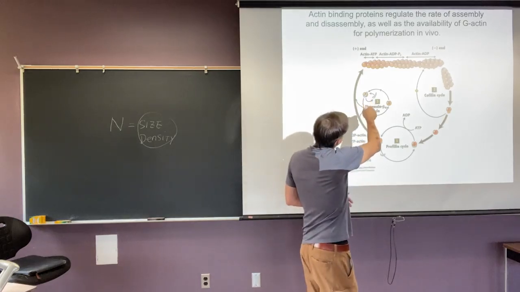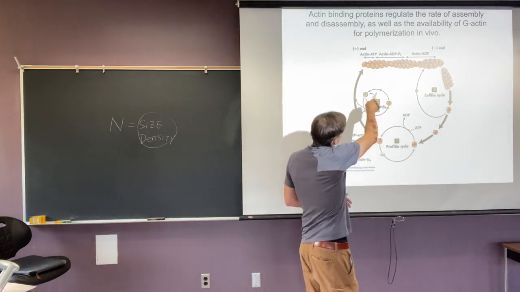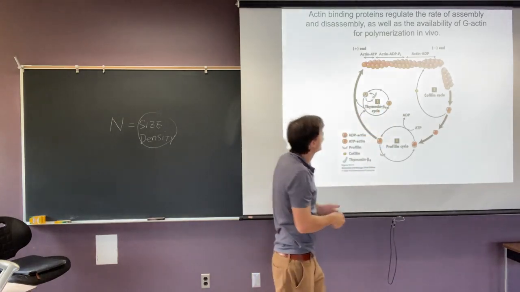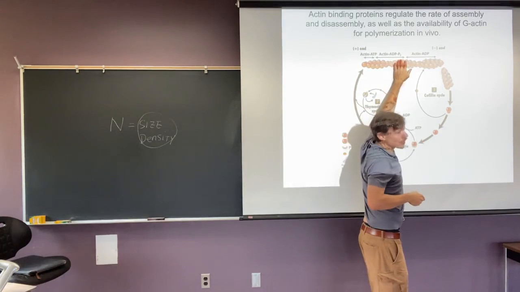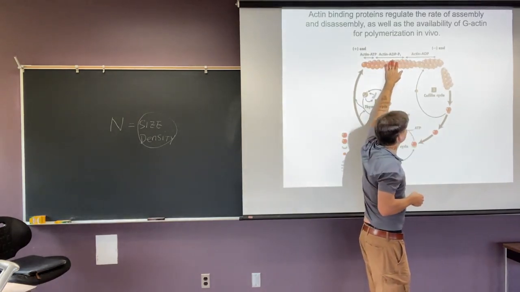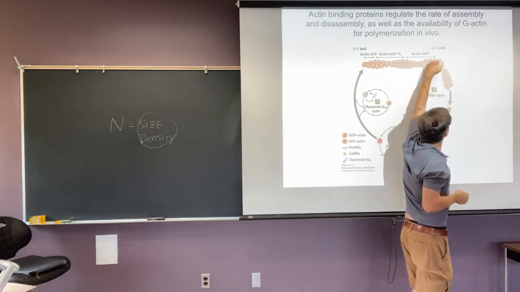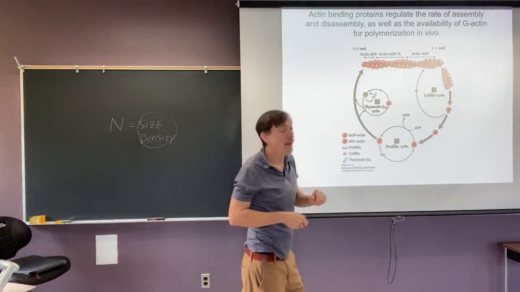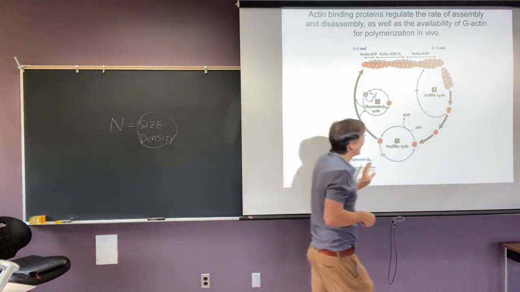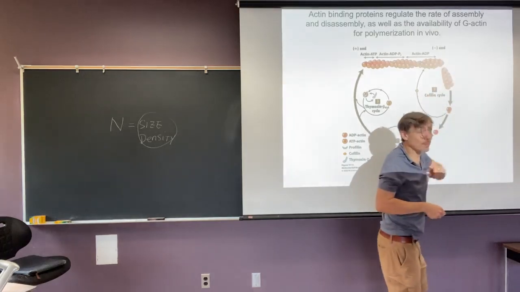You can see that when G-actin assembles into an actin filament, initially ATP is bound, and over time that ATP gets hydrolyzed to ADP plus Pi. The inorganic phosphate stays in the actin filament though, and then eventually that phosphate is released and we're just left with actin and ADP.